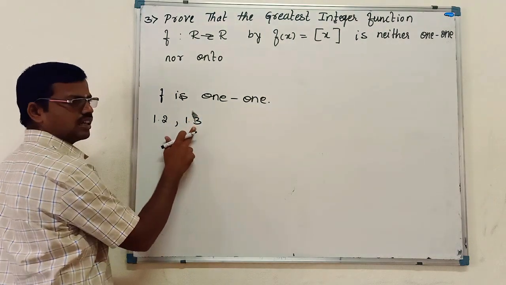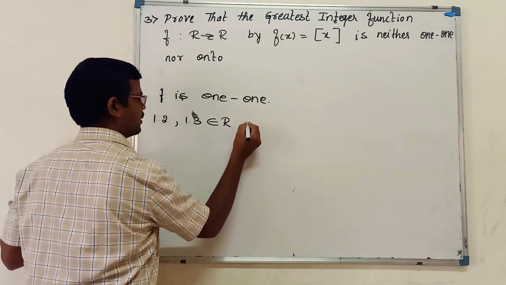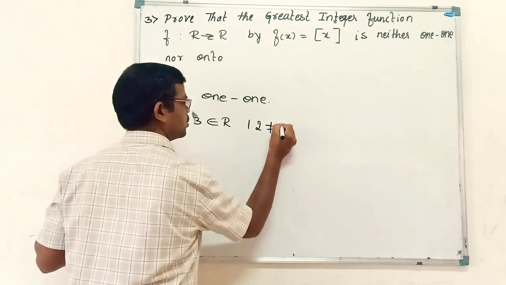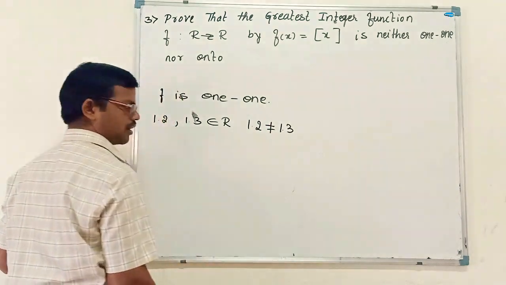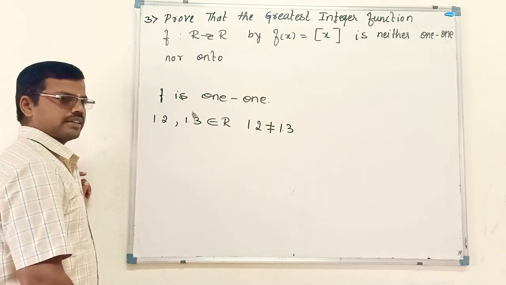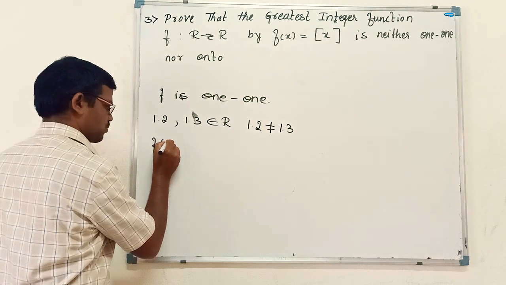Two distinct real numbers belonging to the real numbers, and they are different: 1.2 is never equal to 1.3. Let me find out their images.